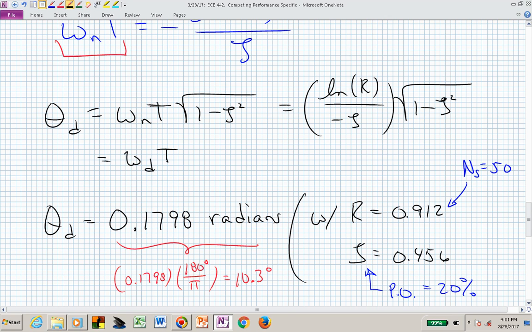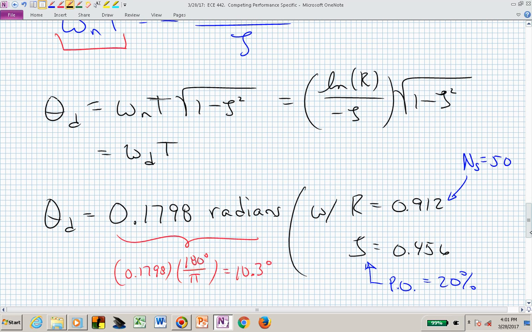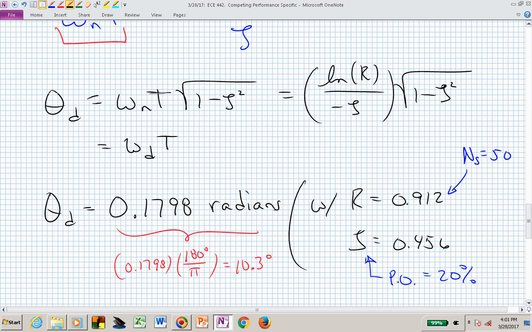So now with a radius of 0.912 that corresponded to 50 sample periods for our settling time, and a zeta value of 0.456, which is coming to us from a 20% overshoot, now we have an angle theta sub d in the complex plane that's consistent with that particular zeta value and R value.